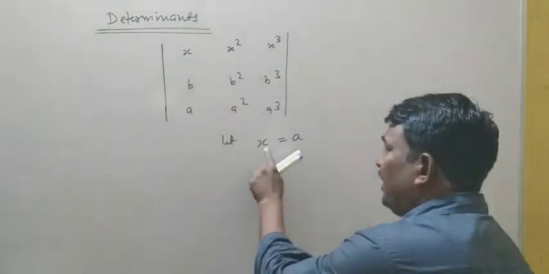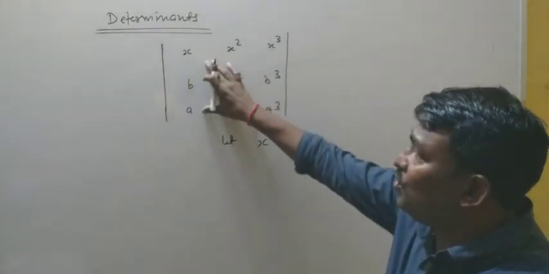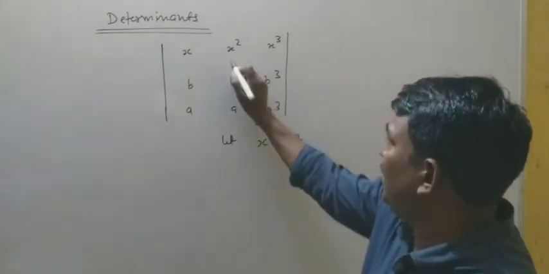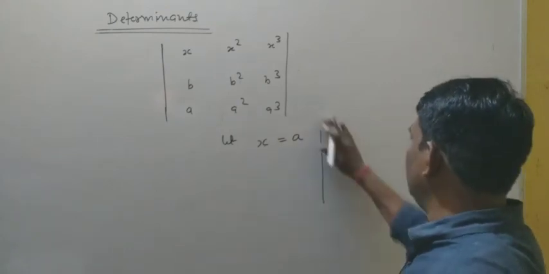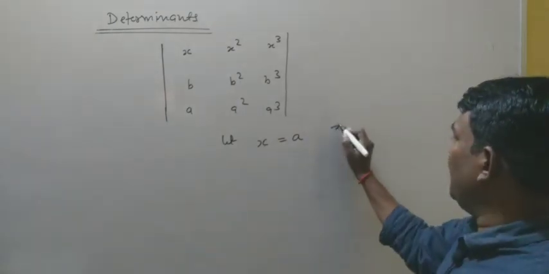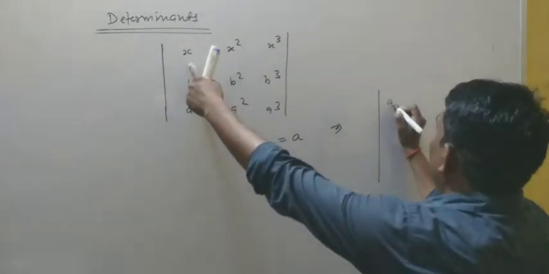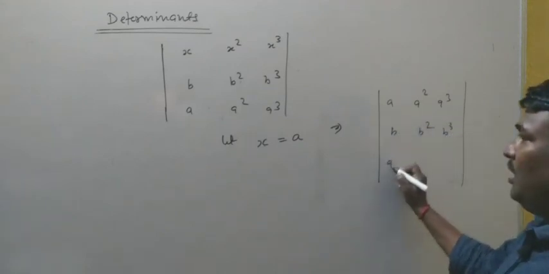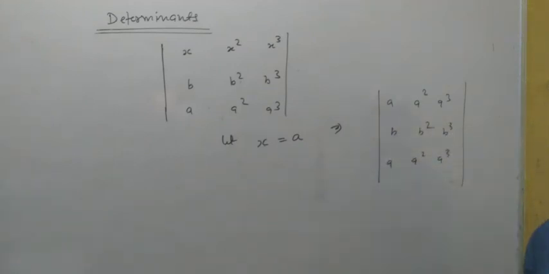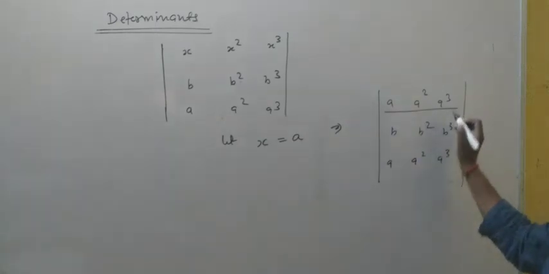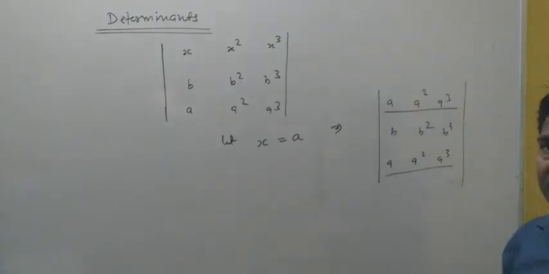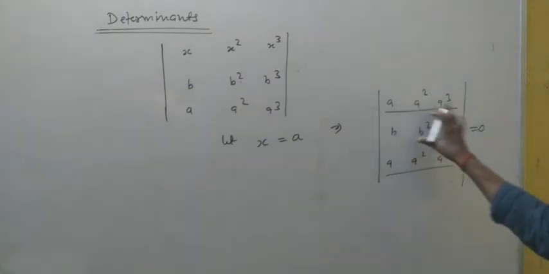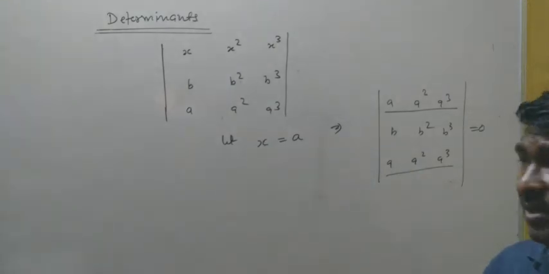By putting some value of x, if the value of your determinant comes to 0, just like putting x equal to a, what will be your new determinant? It implies that the new determinant will be a square, a cube, and here b square, b cube, a square, a cube. Already it is here. So just see here, first row and last row, the third row, both are identical. So what should be its value? Definitely, since two rows are identical, its value will become 0.